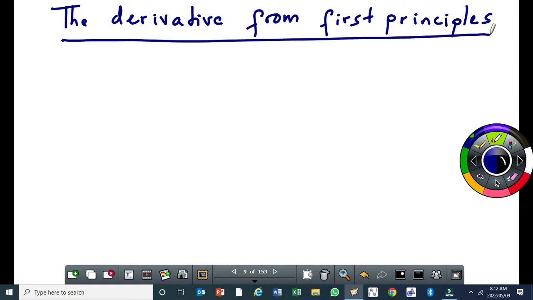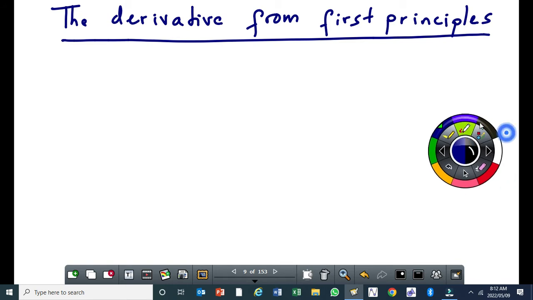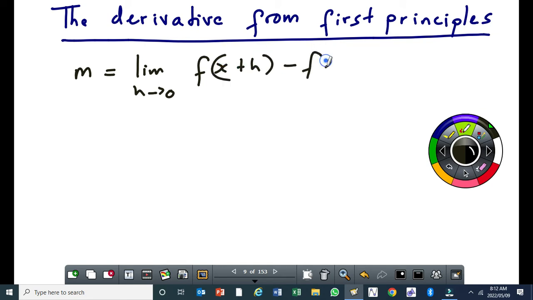All right. So the way that I'm going to introduce this is, when you find gradient using this formula, that is m equal to the limit as h tends to 0 of f of x plus h minus f of x all over h. In calculus, instead of using m as our notation for gradient, we use a new notation, which is mainly function notation.